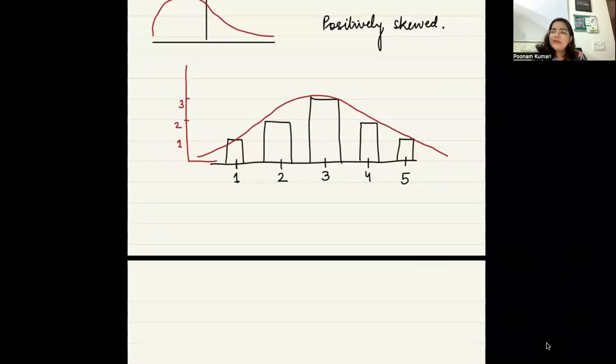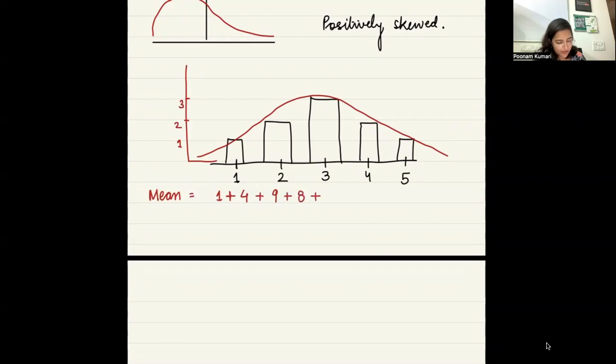So if you have to find the mean of this, what do you get? 1 is coming 1 time, so 1. Plus 2 is coming 2 times, so the sum is 4. Plus 3 is coming 3 times, so 9. 4 is coming 2 times, so 8.